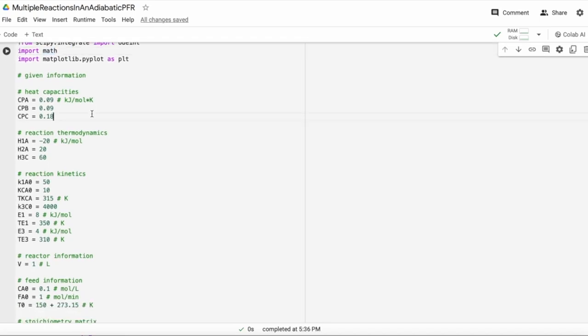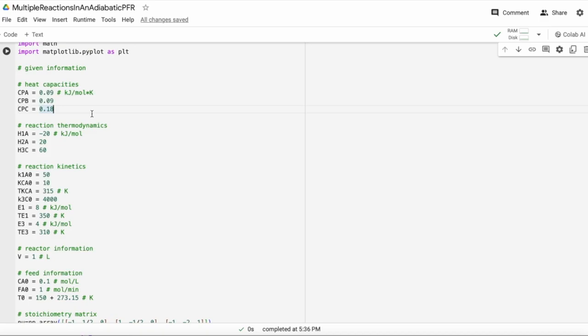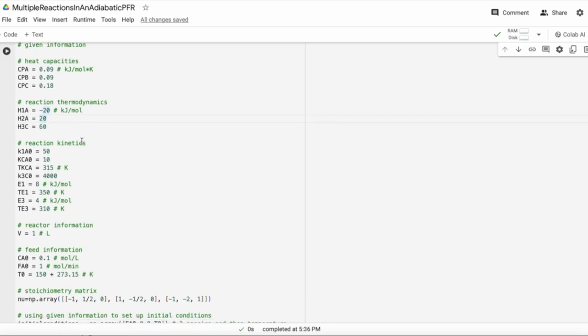When I load up my given information, I have to load up my non-isothermal pieces, so my heat capacities. I have my reaction thermodynamics. One thing to note here, we said that the heat of reaction 1 is minus 20 in the original problem. We broke reaction 1 into 2 reactions, a forward and a reverse.